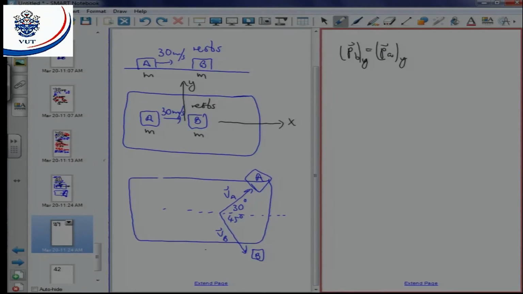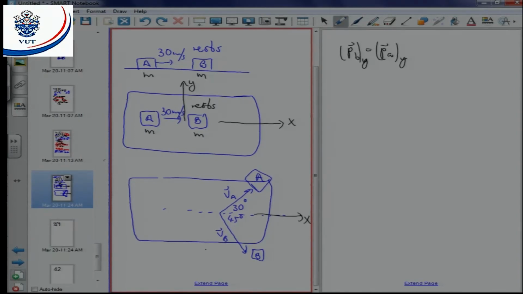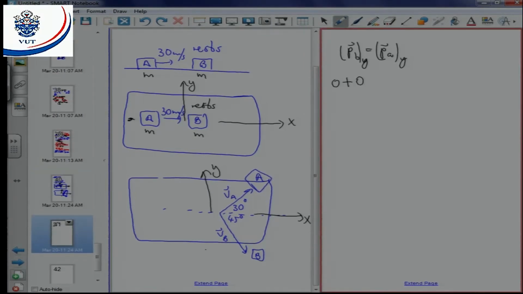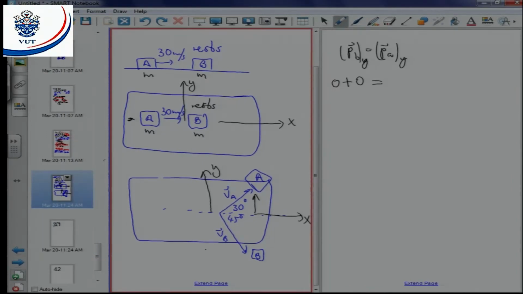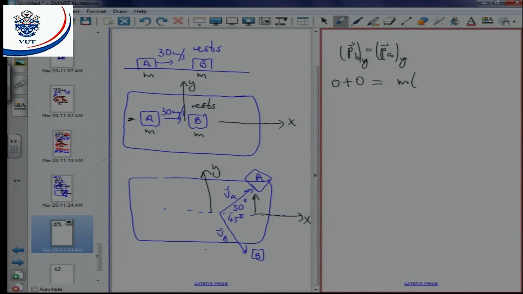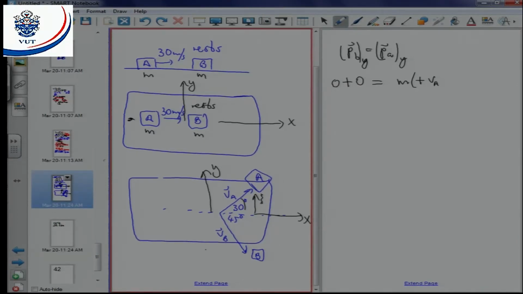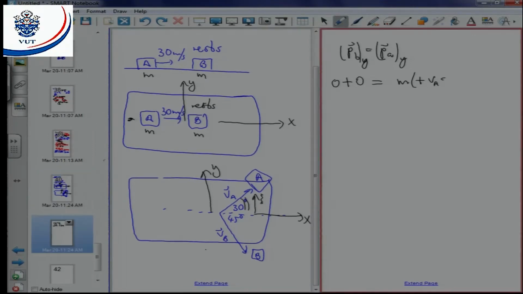In the y direction, that is x and that's our y, you can see that initially there's no components, so 0 for A and 0 for B. Then afterwards for A, y is up, which is positive, so it's m, and then for the speed it's positive. The magnitude is VA. I want the y component, the angle is 30, so it's going to be VA sine 30 degrees. And then I've got plus from the equation.